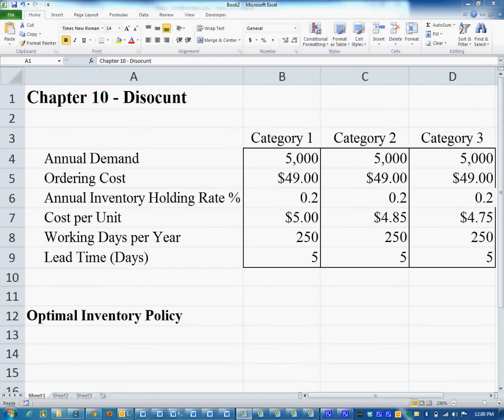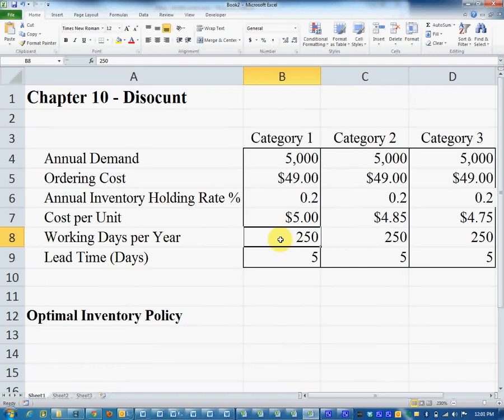Suppose that the data and cost analyses show an annual holding cost rate of 20%, an ordering cost of $49 per order. You can see we have that up there on the board. And an annual demand of 5,000 units. What order quantity should we select? The following 3-step procedure shows the calculations necessary. Okay, so it goes on from there.